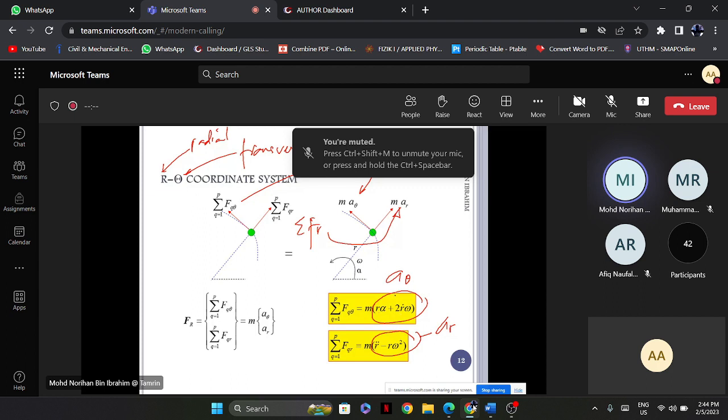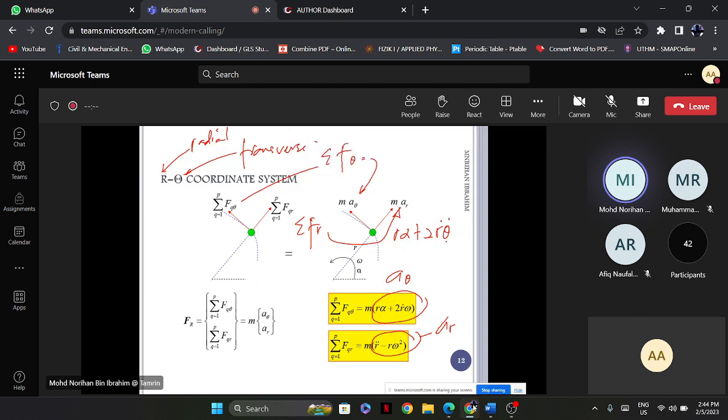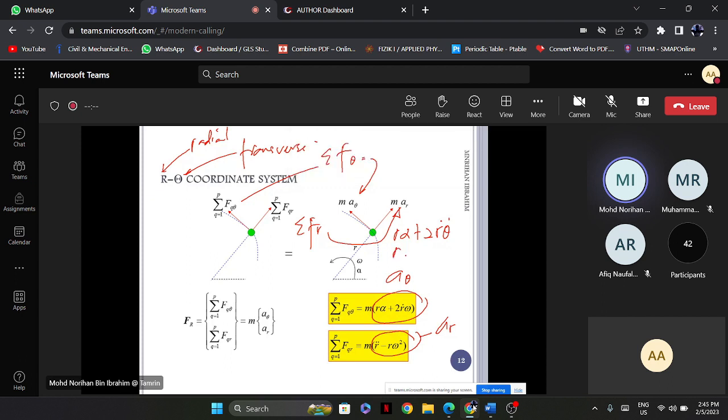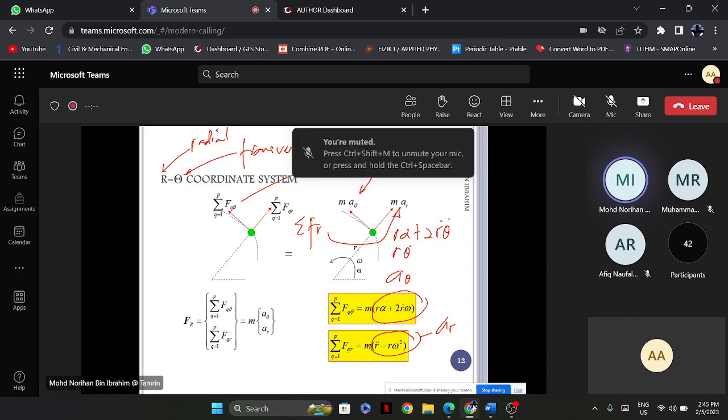So a theta is equal to r alpha plus 2 r dot omega, or r alpha plus 2 r dot theta dot. It's also possible to write it simply like this, where r alpha is equal to r theta double dot plus 2 r dot theta dot. So we can also use this equation as well.